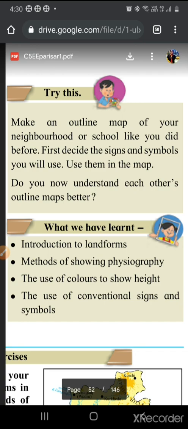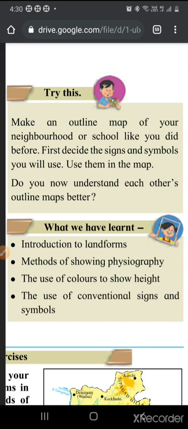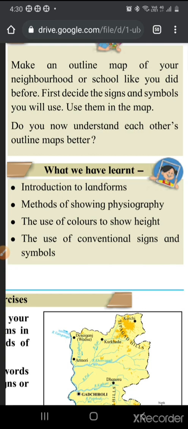So you are told to make a map on your own, and then you are told to use the symbols to show where is the railway line, where is the road, where is the post office, and where is the well, if at all, if well is there. And you have to use colors to show the height also. Now, do you now understand that how your maps are different from each other's map?